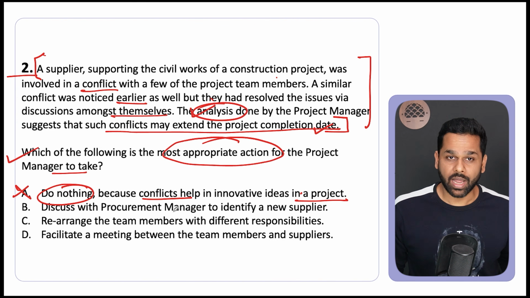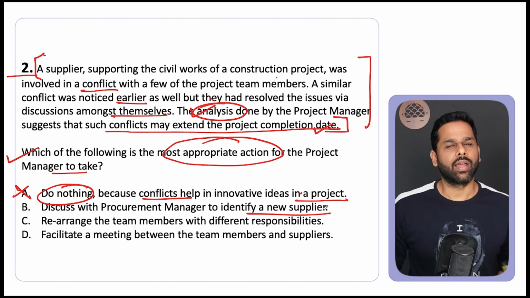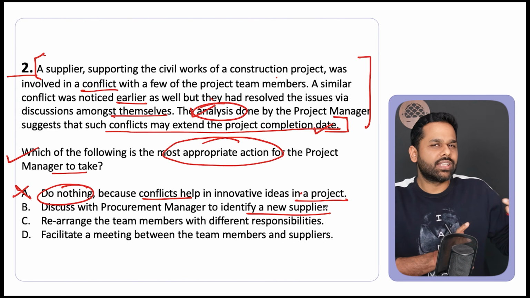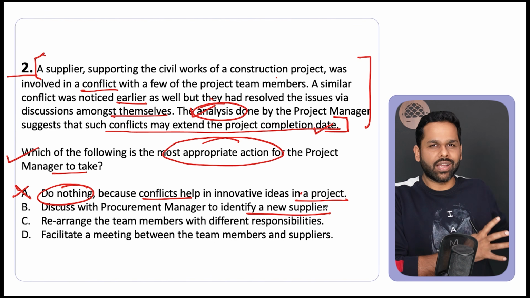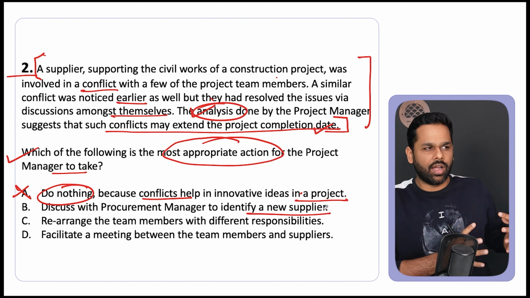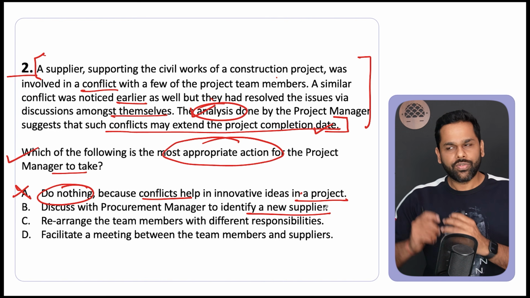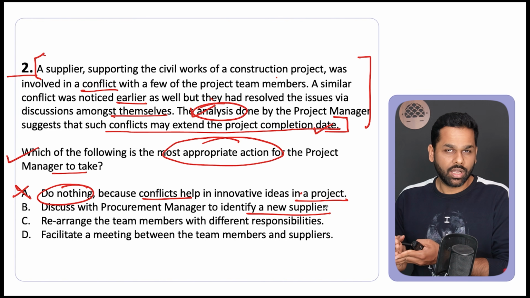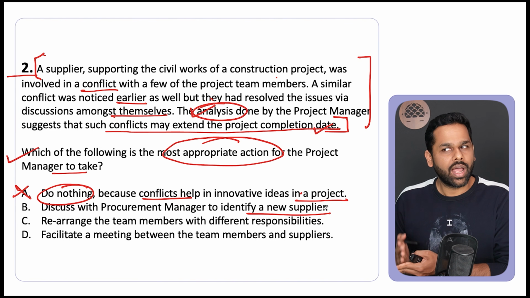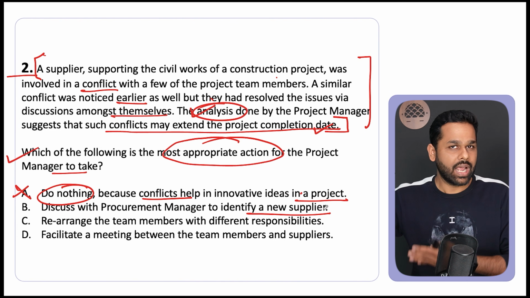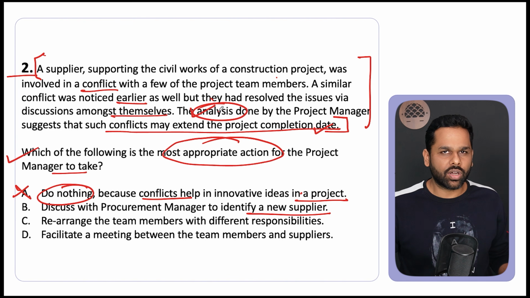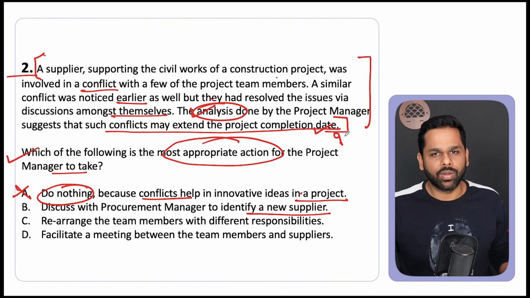Then we go to B. Discuss with procurement manager to identify a new supplier. So this is also kind of a decision. A supplier is having conflict with my team, so let's find a new supplier. What's the guarantee that the new supplier will not have a conflict? So we have to go to the root cause, understand why it happened, and only then take a decision. Again, this analysis only talks about the impact of the problem.